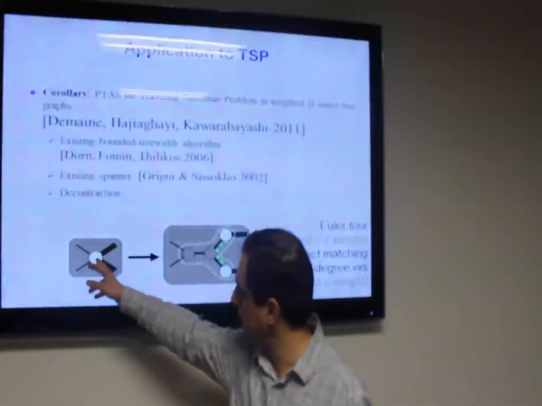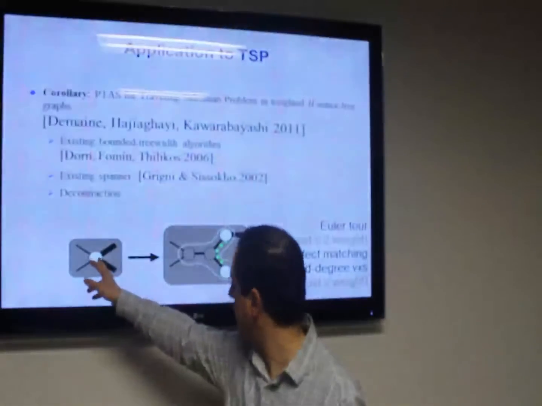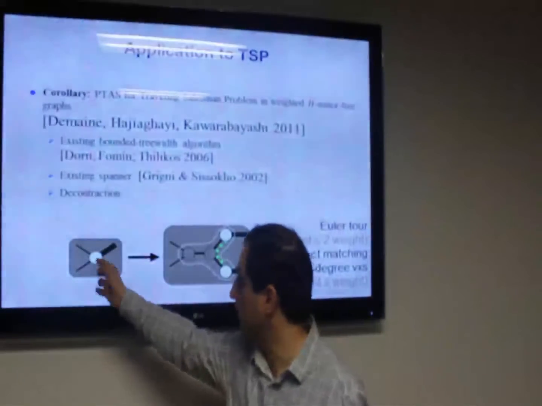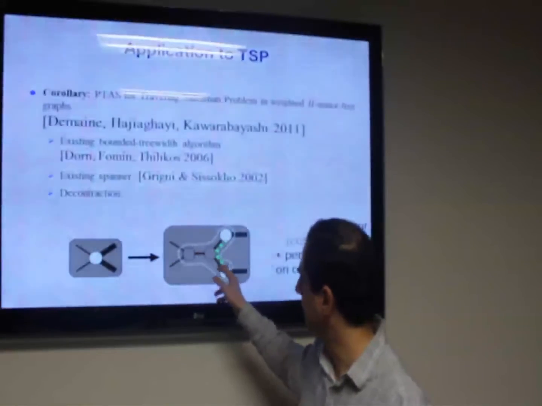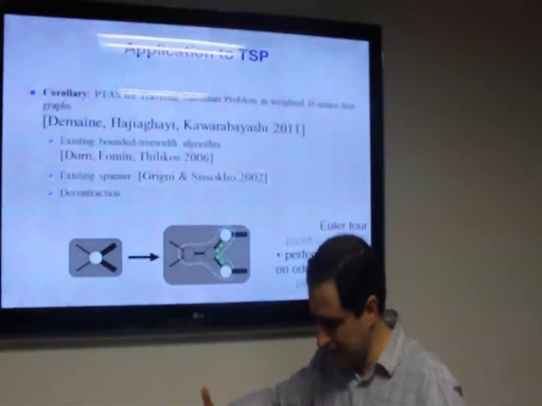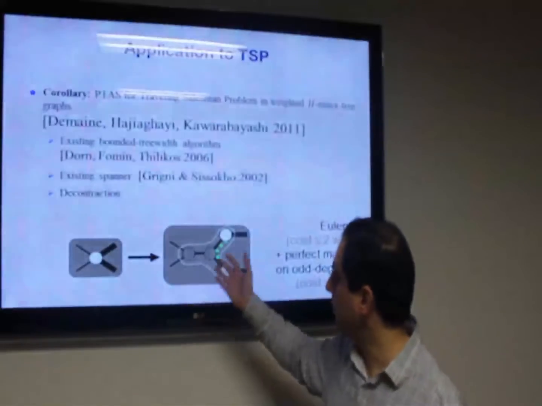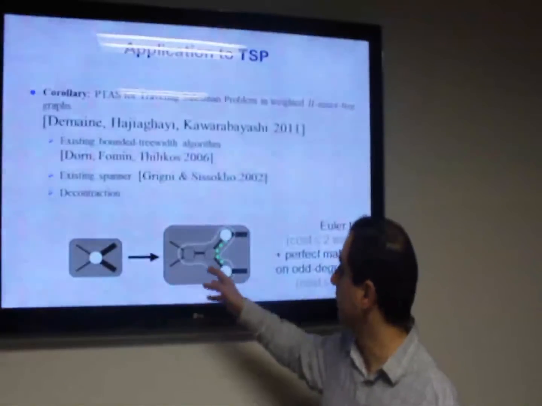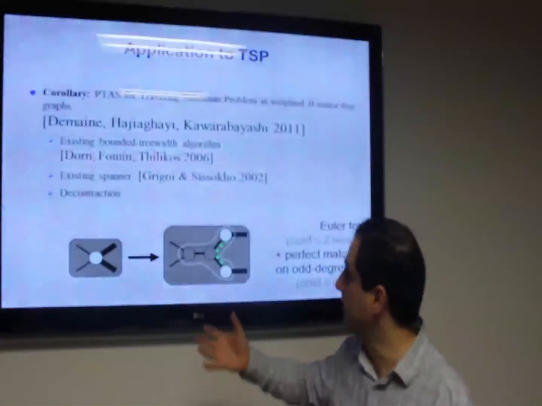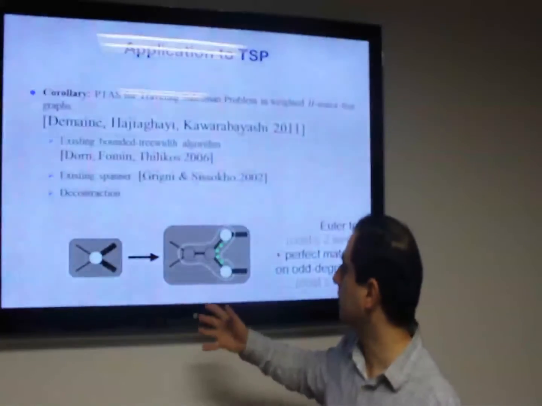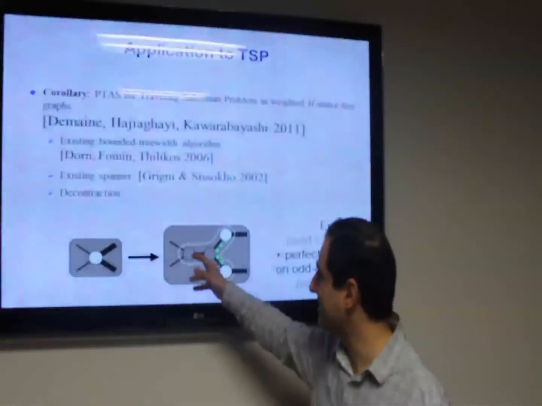If you have a solution in a graph where some of the edges are contracted, when you open it, somehow decontract this graph, then you should have a solution whose weight is the previous weight plus some constant times the weight of the edges that have been contracted.